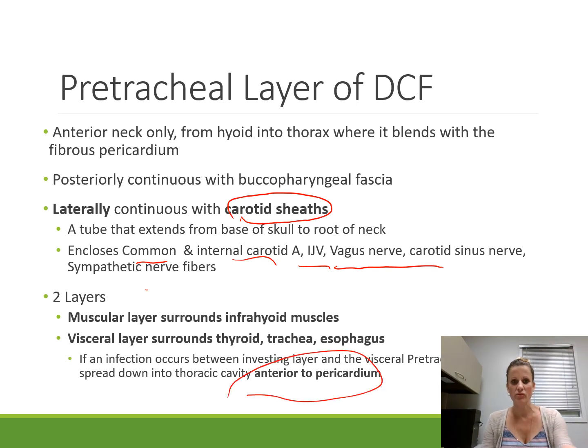This makes sense because remember we said that this pretracheal layer extends all the way down to the thoracic cavity and it blends into the fibrous pericardium. So if there's an infection that's just outside this pretracheal layer, it makes sense that it can extend down in that space and follow the pretracheal layer all the way down into the thoracic cavity. So this is a big issue, right? Because then we end up having infection right around the pericardium, which is where the heart is.